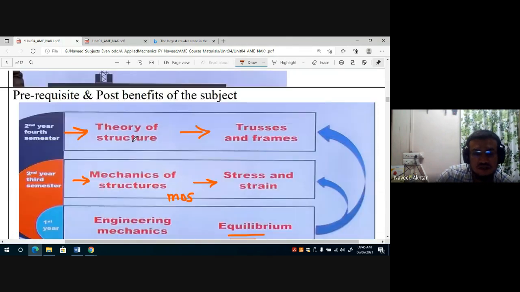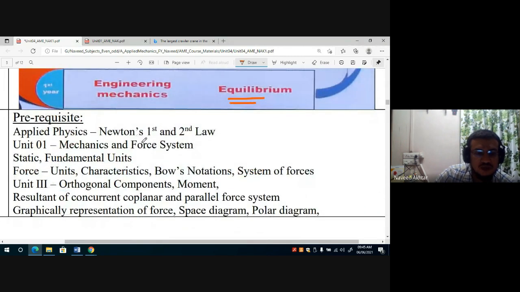These subjects are useful. Then the prerequisite of this unit is applied physics, that is Newton's first law and second law. Then unit number two, unit number one, mechanics and force system, static and fundamental units we have seen.